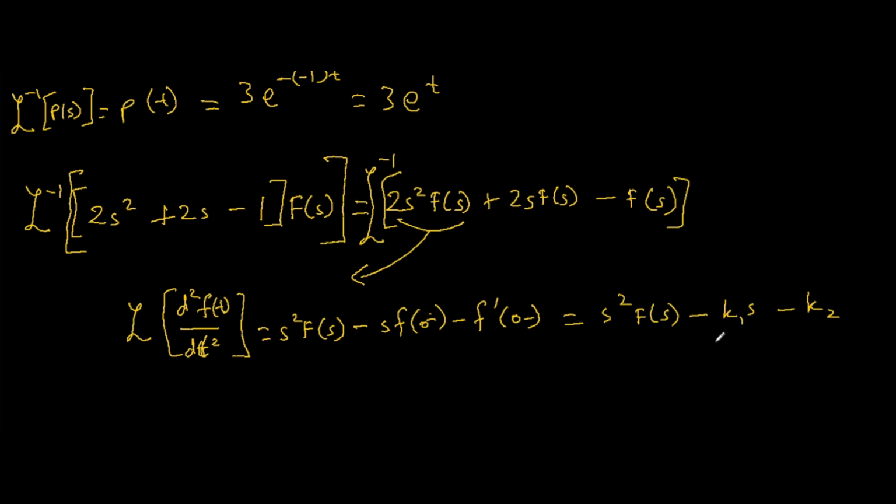Just bear this in mind, that your k1 and k2 are not necessarily 0. But for this first expression here, it makes sense that my k1 and my k2 are equal to 0.